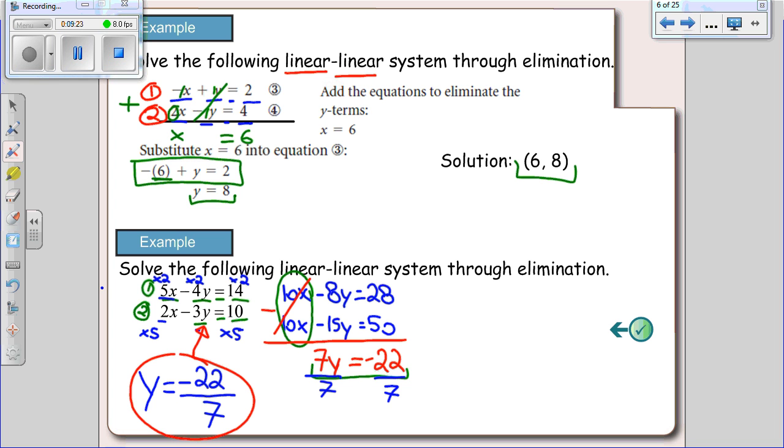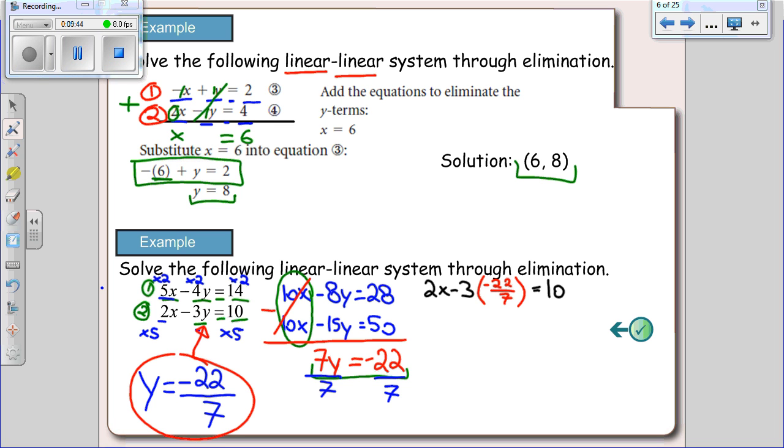Once you substitute it in, you're going to write it all out. So you've got 2x minus 3 times, instead of y, we now have negative 22 over 7, equals 10. Now we're going to do a little bit of math here.